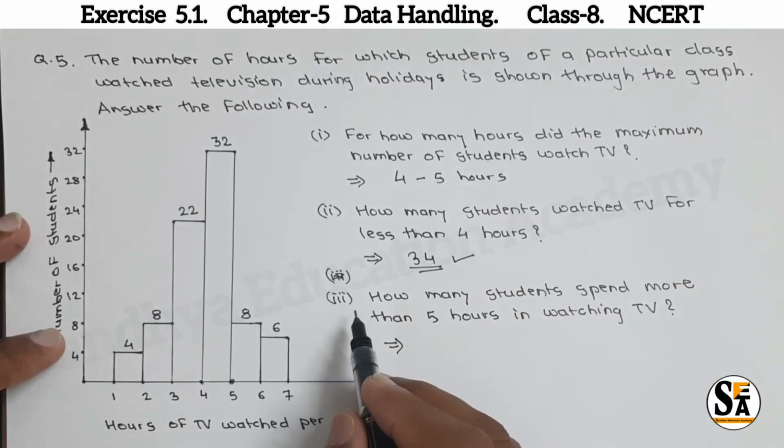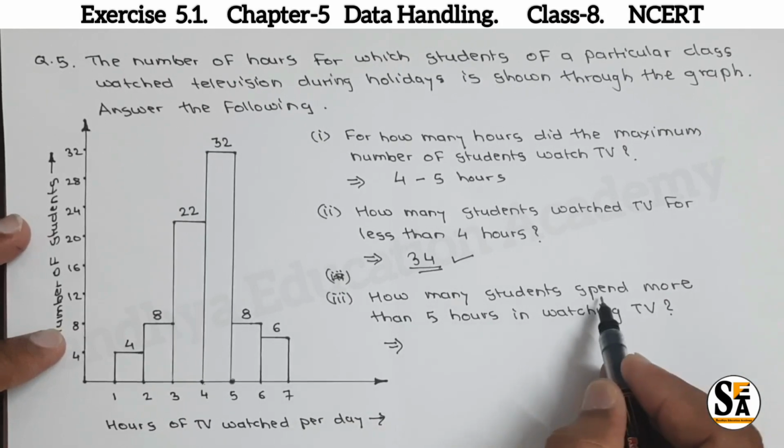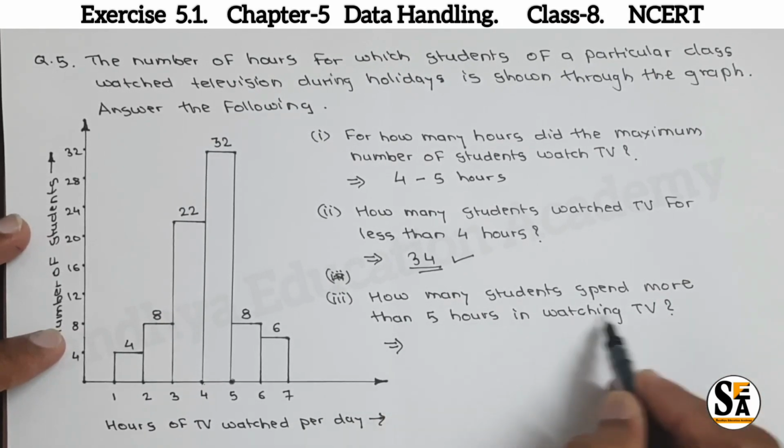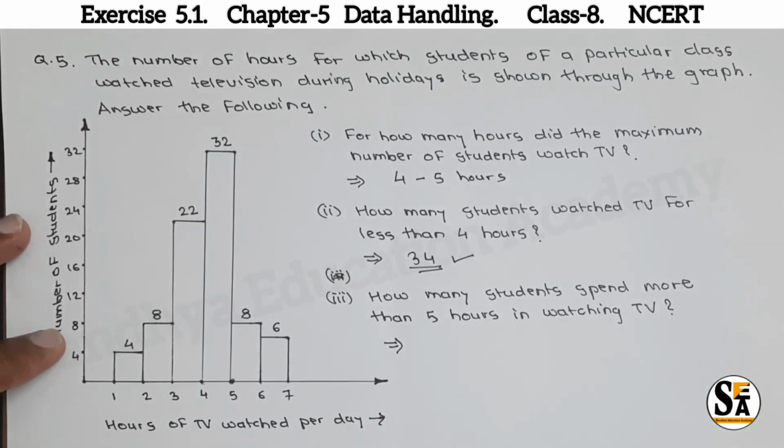In the next, third question, how many students spend more than 5 hours in watching TV? Now see, what is asked? More than 5 hours. More than means we have to add all the numbers which are greater than 5 hours. 5 to 6 is more than 5. 6 to 7 is more than 5.